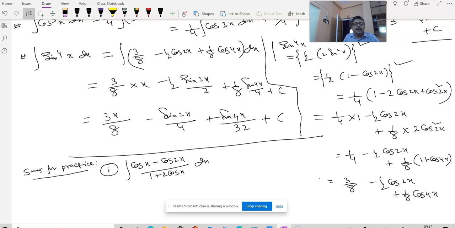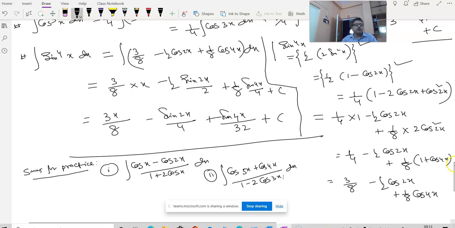And the second one is cos 5x plus cos 4x by 1 plus 2 cos x.